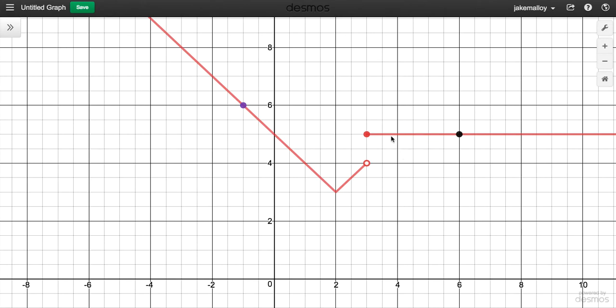So no matter what input we put in for this part, we get out the same number, 5. So if I were looking for, say, f of 6, that's my input of 6. I'm going to get out 5, so I have a point at (6, 5). And if I say f of -1, for instance, f of -1 is found here at 6, so f of -1 equals 6.